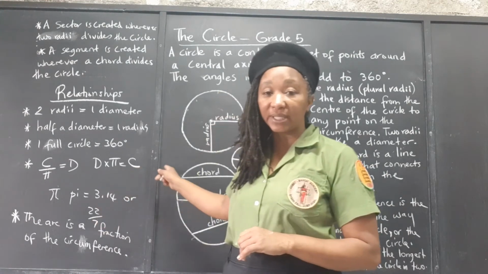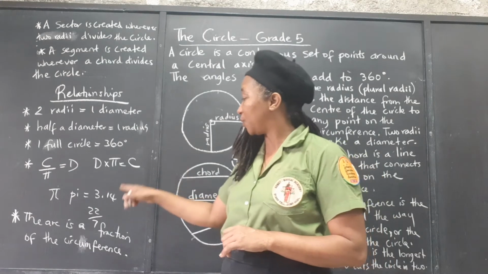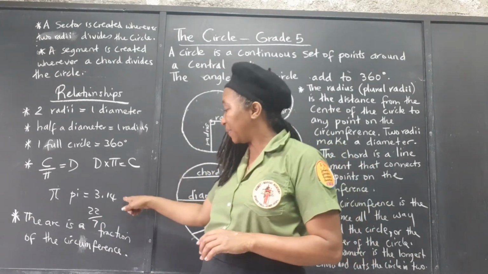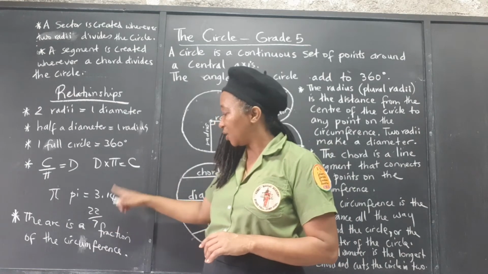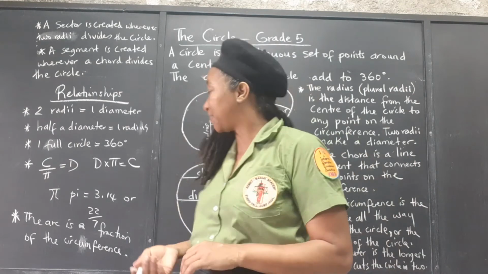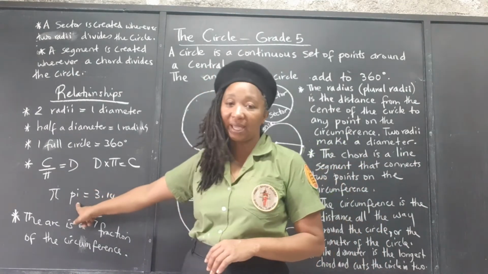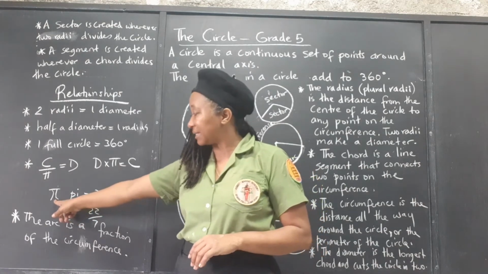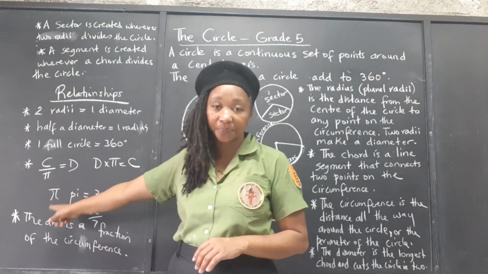It continues, it's a continuous decimal, but we usually round it off to 3.14 as a decimal, and we also express it as 22/7 as an improper fraction. This special number is called pi. The Greek letter pi, and this is the symbol for pi.